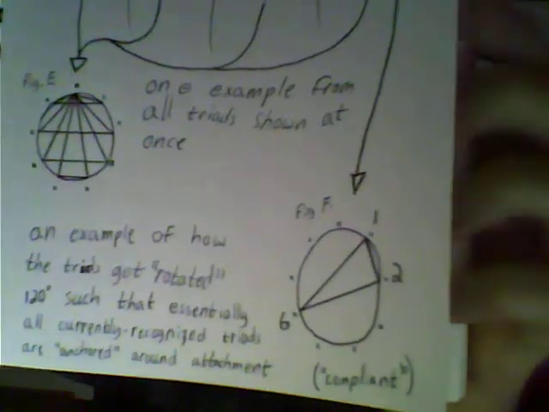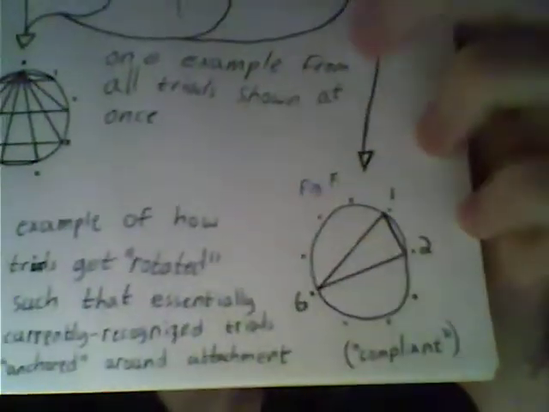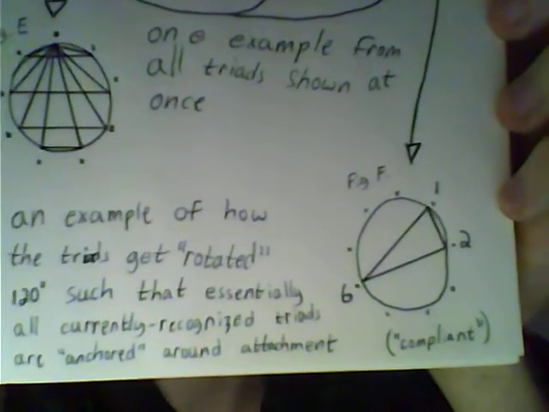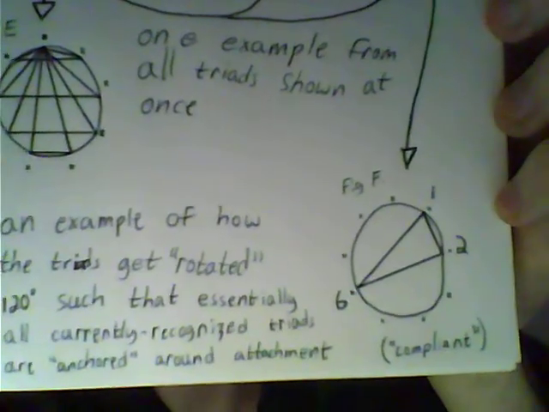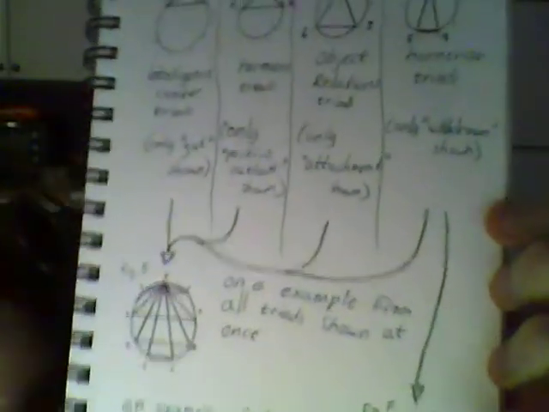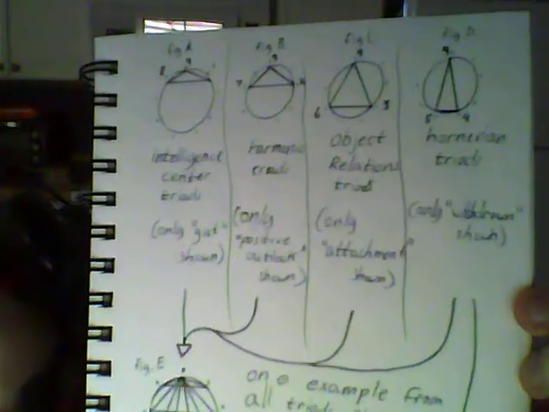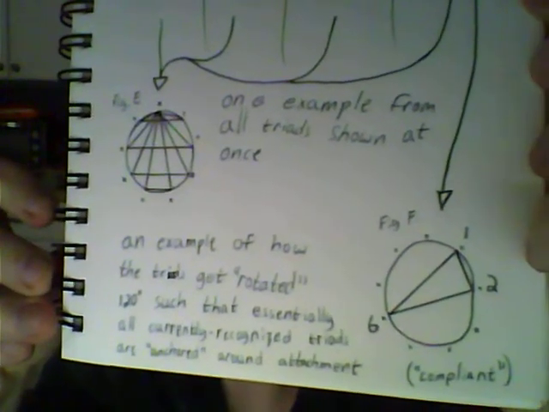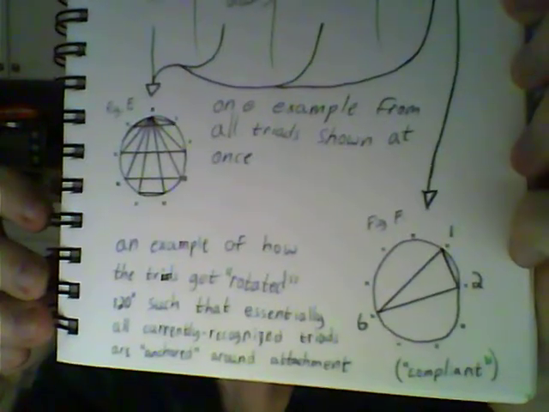So here is shown another Hornevian. Up here we have the withdrawn Hornevian, and then the arrow going down to the compliant Hornevian triad. And of course there is also the assertive triad. The compliant being 6, 1, and 2, and the assertive being 3, 7, and 8.